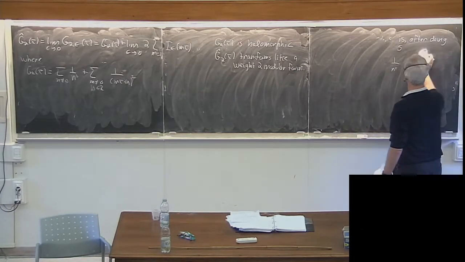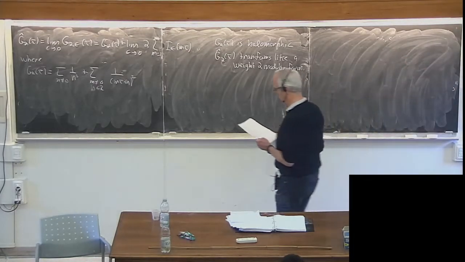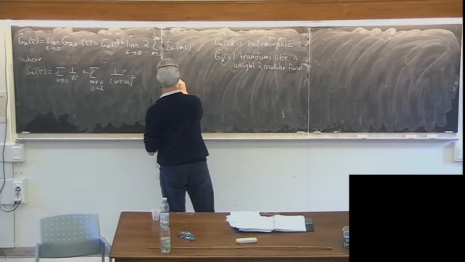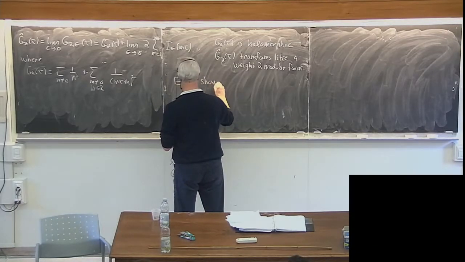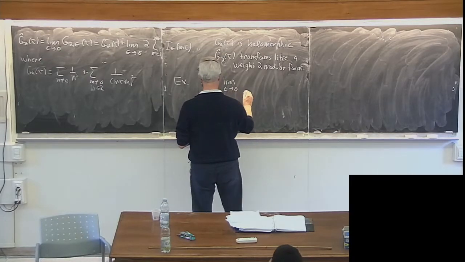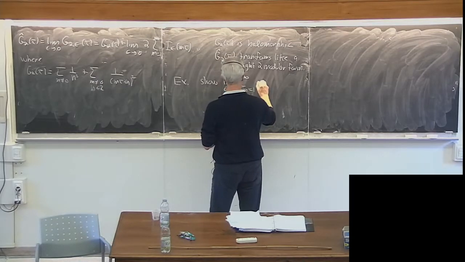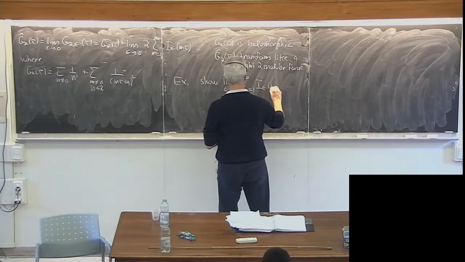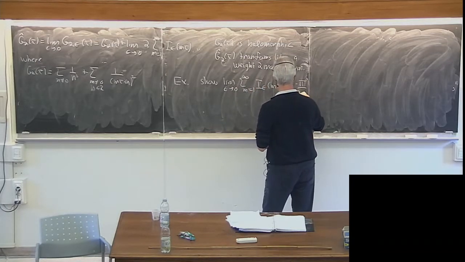And to connect the two things, you have to do one more calculation, which I will leave as an exercise, which is to show that the limit as epsilon goes to 0 of the sum of m equals 1 to infinity of I epsilon of m tau is simply minus pi over 2 Im tau.